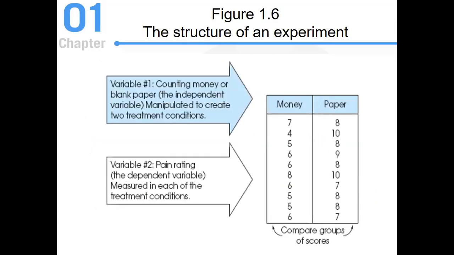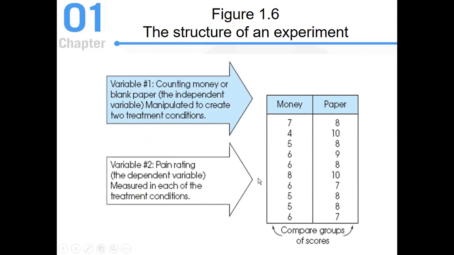Here's an example of an experimental study. Here participants are randomly assigned to one of two conditions, either counting money, actual dollar bills, or counting blank pieces of paper. Later, each participant was tested to see if they would have higher or lower pain ratings when they placed their hand in a bowl of hot water.